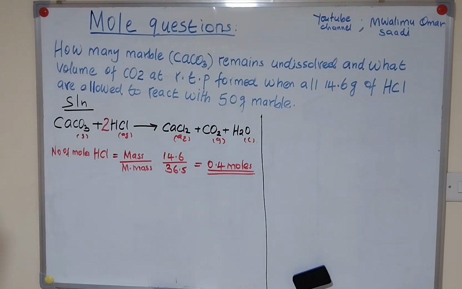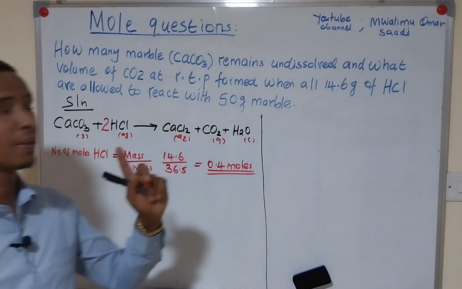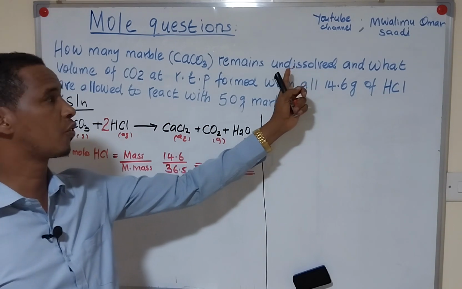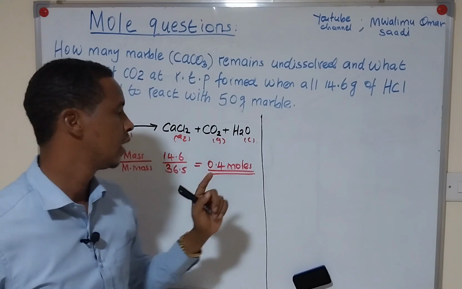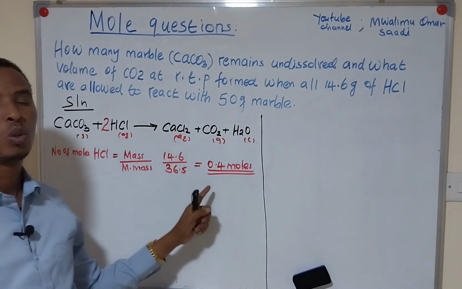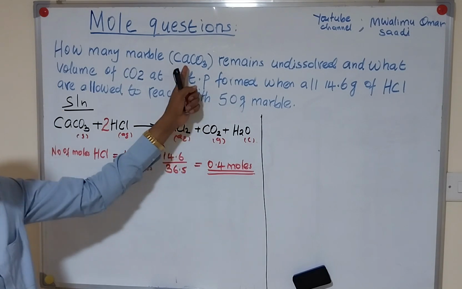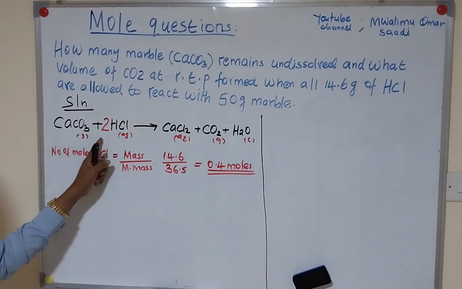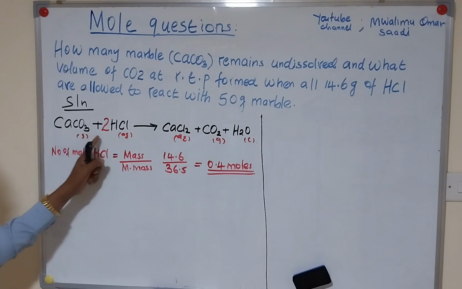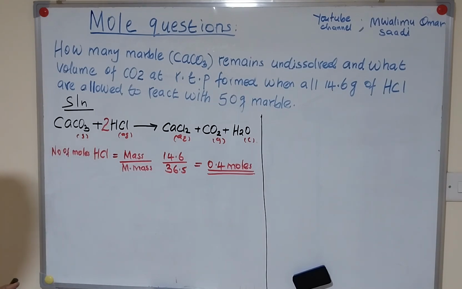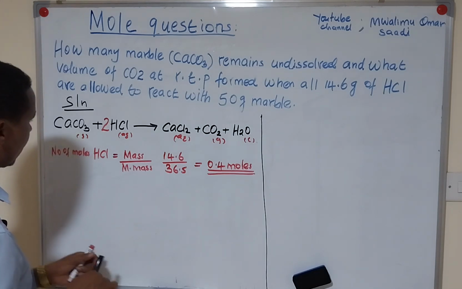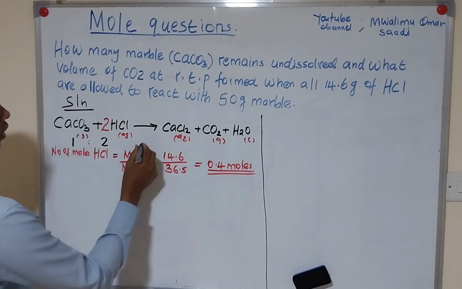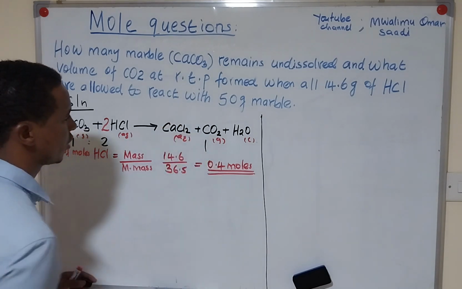Now to solve the first part, the amount of calcium carbonate that remains undissolved, we use the mole ratio to get the number of moles of calcium carbonate. The mole ratio of the carbonate to the acid is 1 to 2. That of carbon(IV) oxide is also 1.